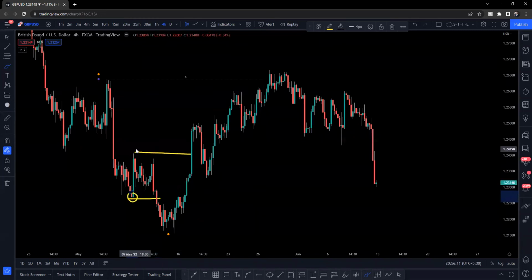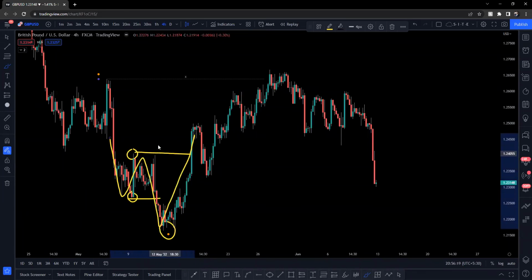This was a low, and this was a lower high, and again market created a lower low. So basically market moves something like this and broke this structure. This is a change of character, right? And it broke the structure and is trying to go higher.